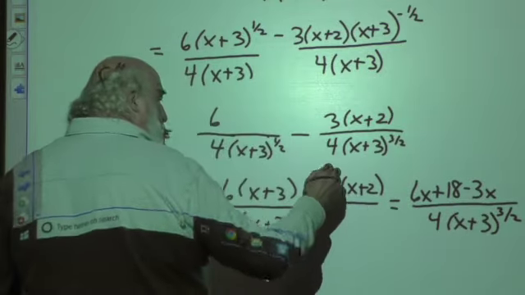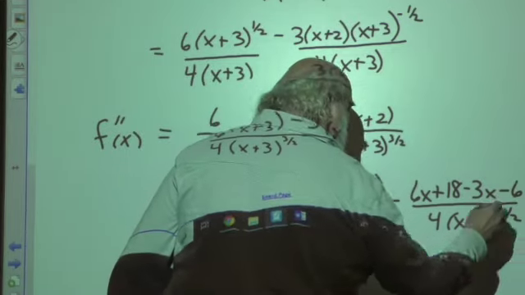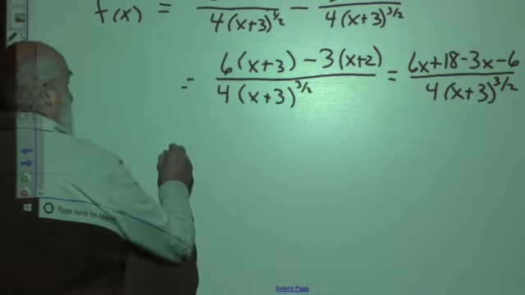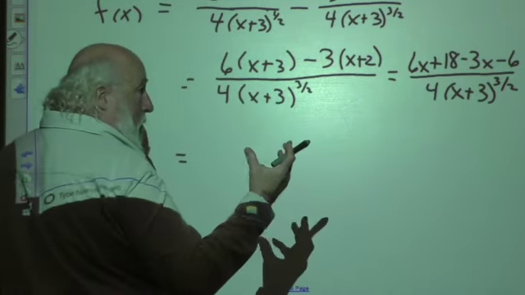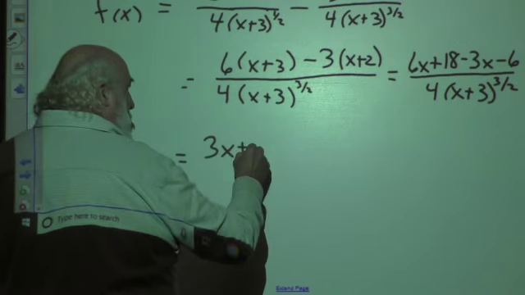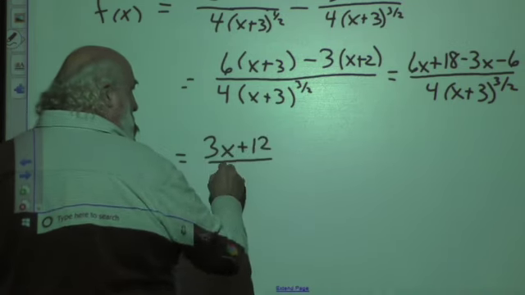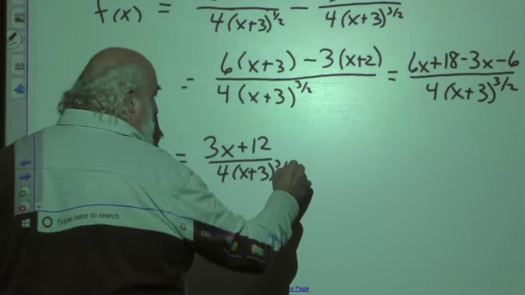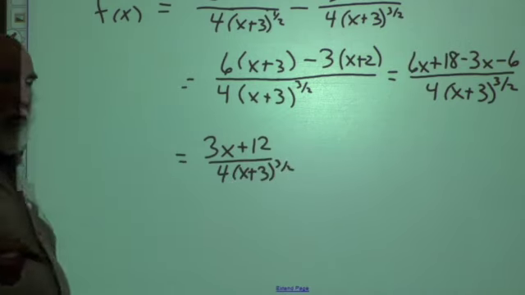And negative 3 times 2 is negative 6. So when I combine like terms there, I get (3x + 12) over 4 times (x + 3)^(3/2). And again, you can leave this in that form if you want.